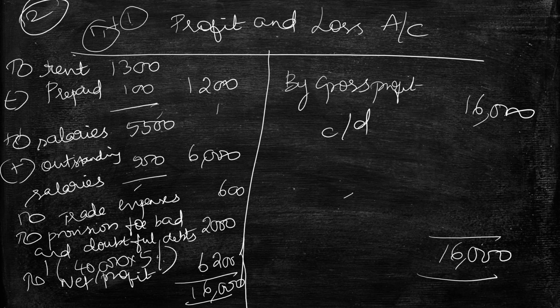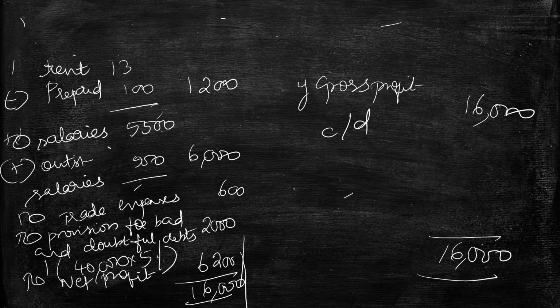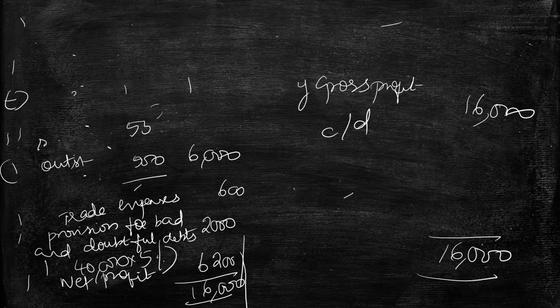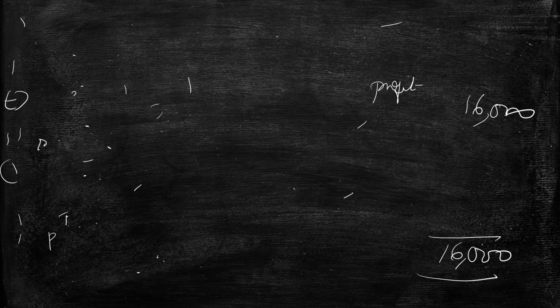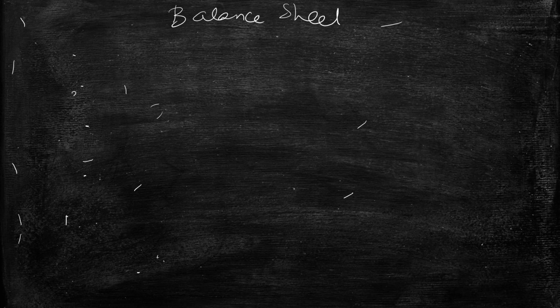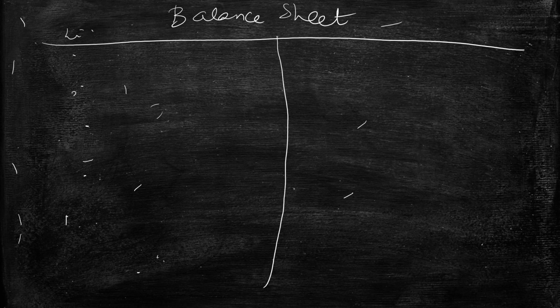Now the last step is that we are going to prepare the balance sheet. In the balance sheet, we have two sides, liabilities and asset side.